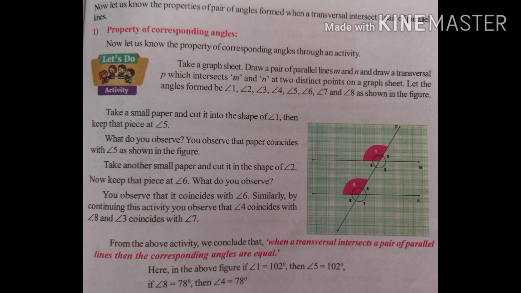Draw a transversal P which intersects M and N at two distinct points. Let the angles formed be angle 1, angle 2, angle 3, angle 4, angle 5, angle 6, angle 7 and angle 8 as shown in the figure. Children, you also draw like this.